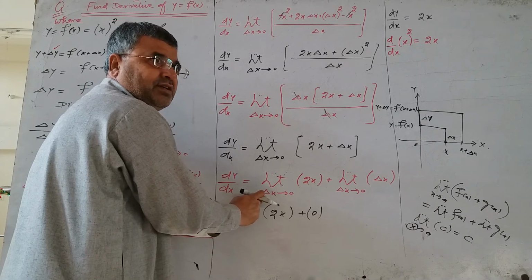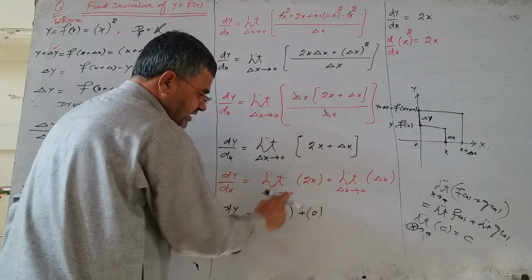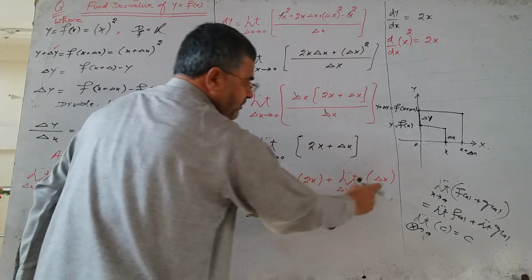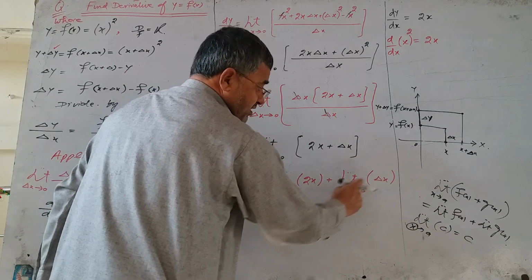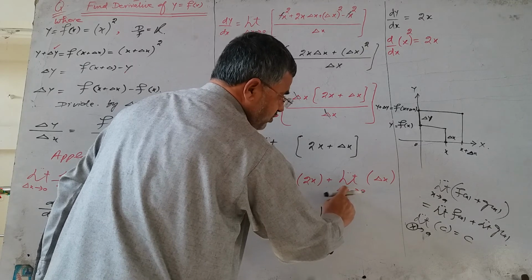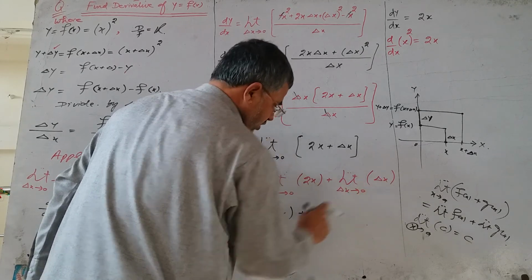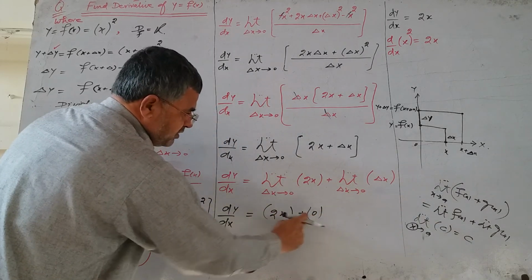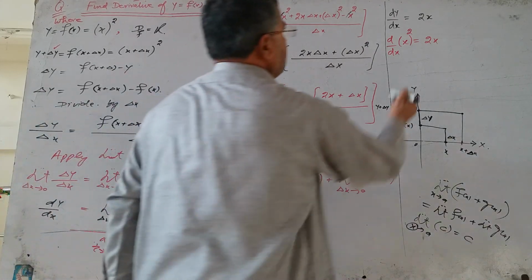Therefore, the limit of 2x is equal to 2x, and the limit of del x is equal to 0, so we get 2x plus 0.